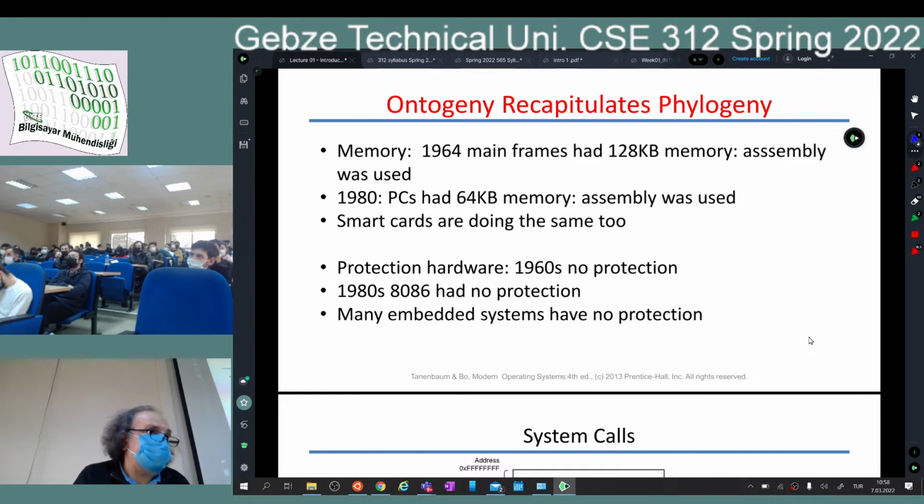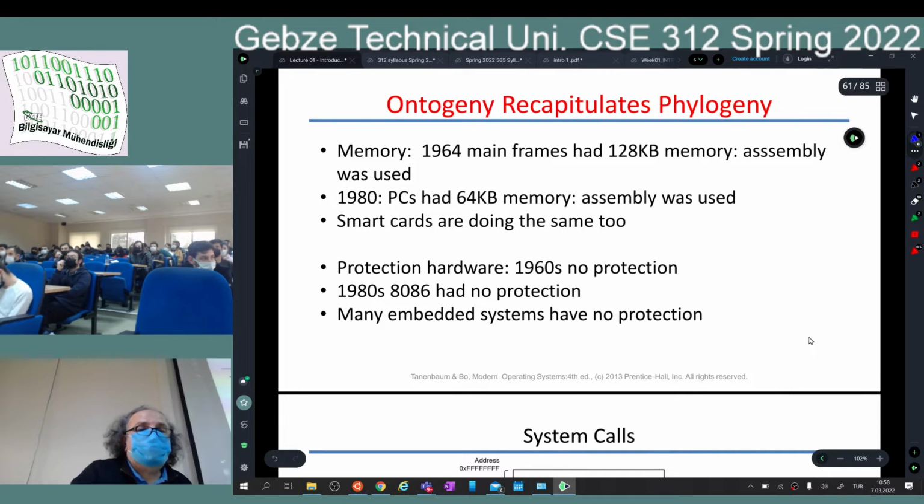That's why it was very common to have crashes every day on your computer, because any process can do anything it wants, and everybody can crash the computer if they wanted to, or by accident. So that's the protection stuff.